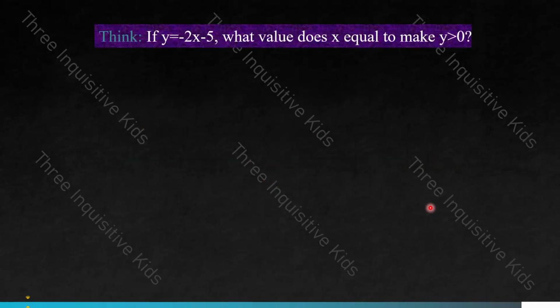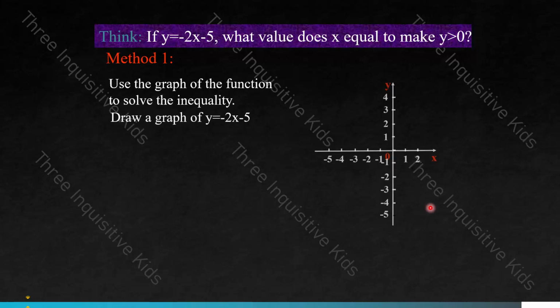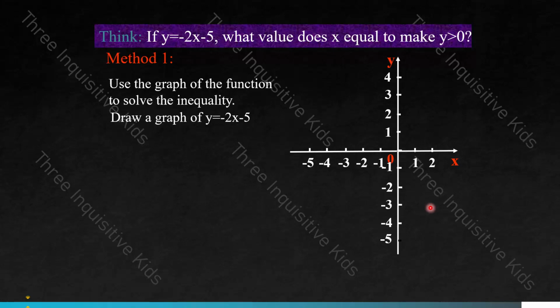If y is equal to negative 2x minus 5, what value must x equal to make y greater than 0? Well, there's two methods that we can use to solve this. Use the graph of the function to solve the inequality. First, we draw a graph of y is equal to negative 2x minus 5. So here is our graph, and that is our x-intercept right there, negative 2.5 comma 0.